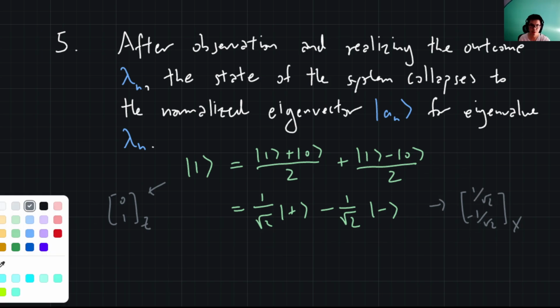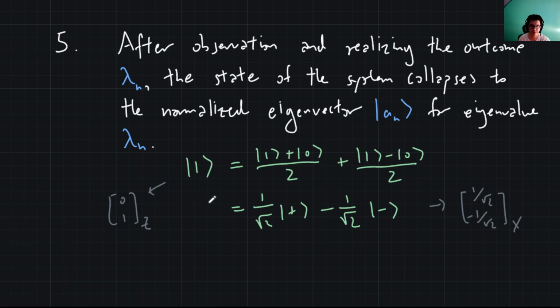Now we measure this thing in the x basis, and then we end up with the result of minus 1. So we got a minus 1 as a result. That means the 1 must collapse to the minus state upon measuring the qubit in the x-axis.